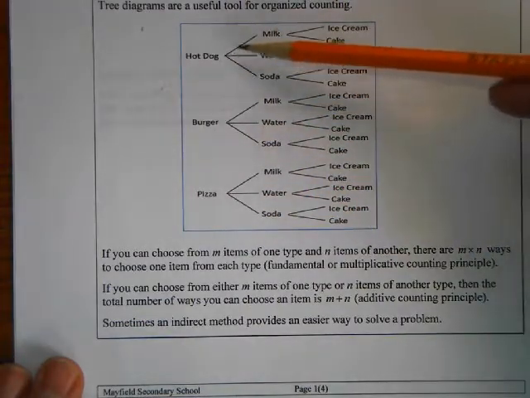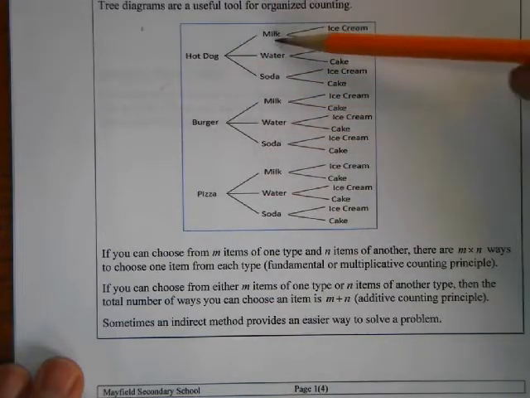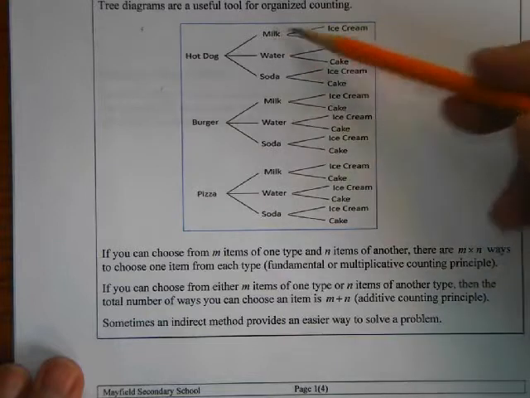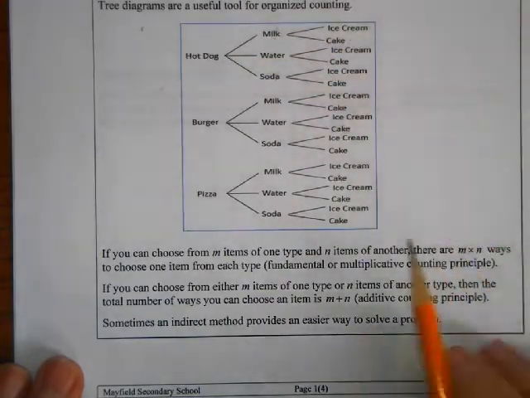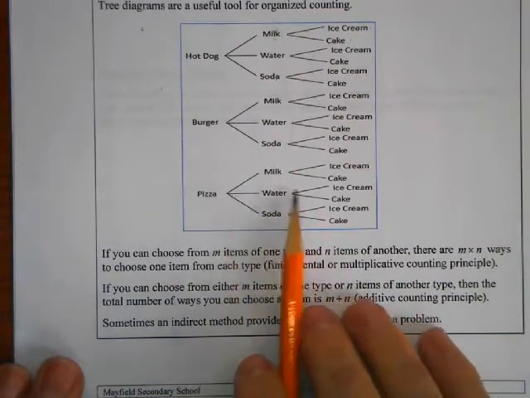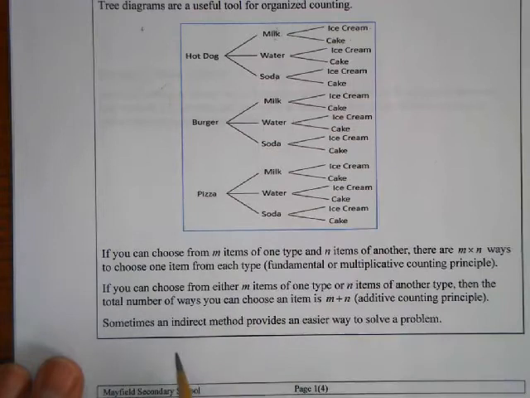These three things, the main course, the drink, and the dessert, are different choices to be made. So I could actually put the word "and" between them: main course and a drink and a dessert.